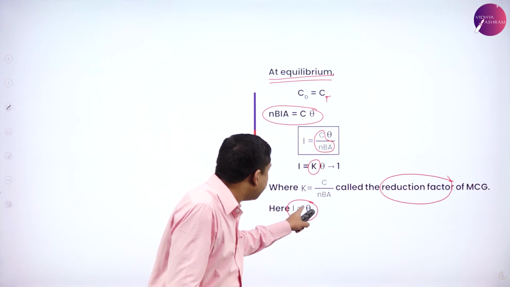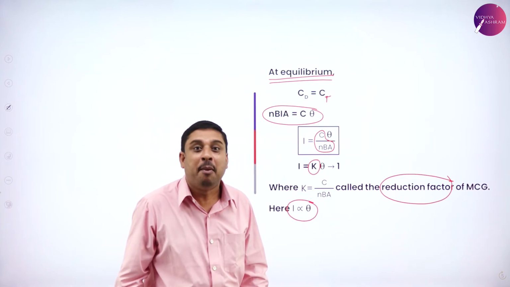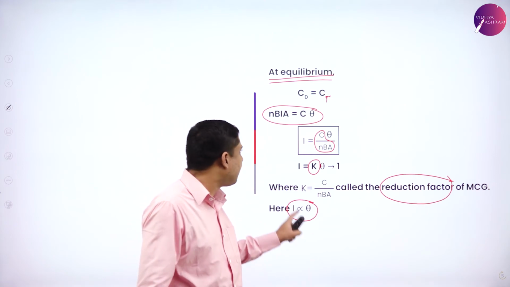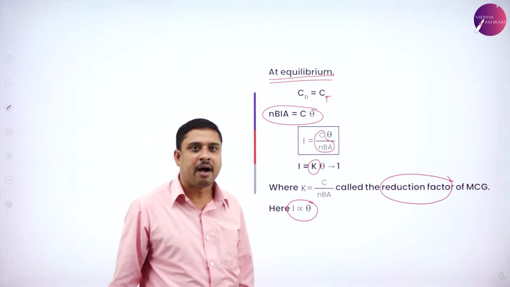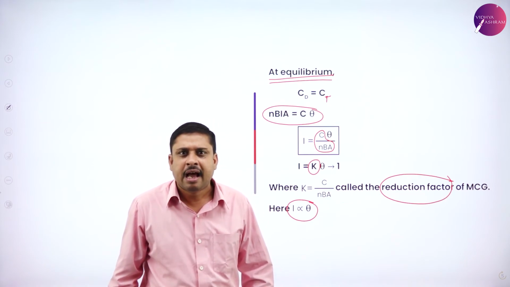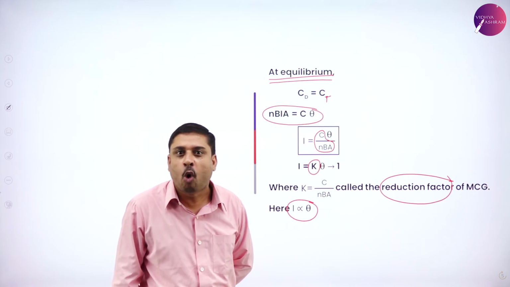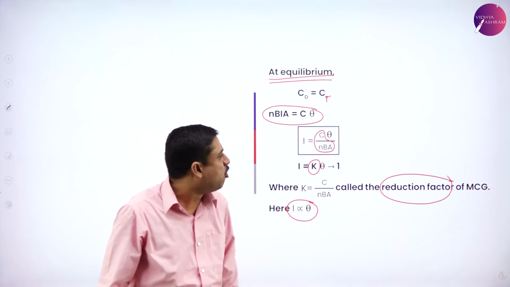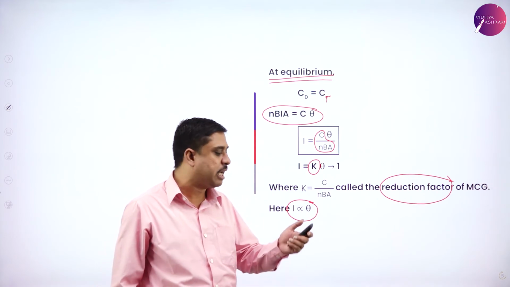And this is the practical principle of a galvanometer, I proportional to theta. Now, MCG is a huge setup. I cannot carry it from one place to another. It is not portable like your pointer galvanometer. Therefore, it is not used very frequently.